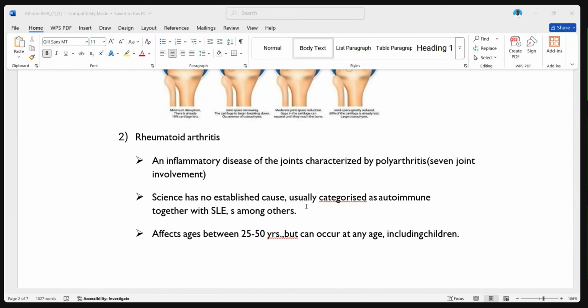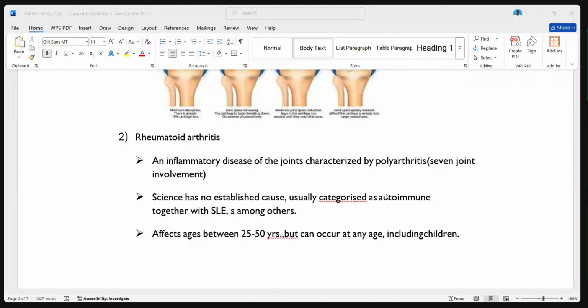I want you to understand this very well, because this is very key in our treatment plan. I have said that rheumatoid arthritis is an autoimmune inflammatory disease. One of the causes is that someone can have a genetic predisposition for the same.